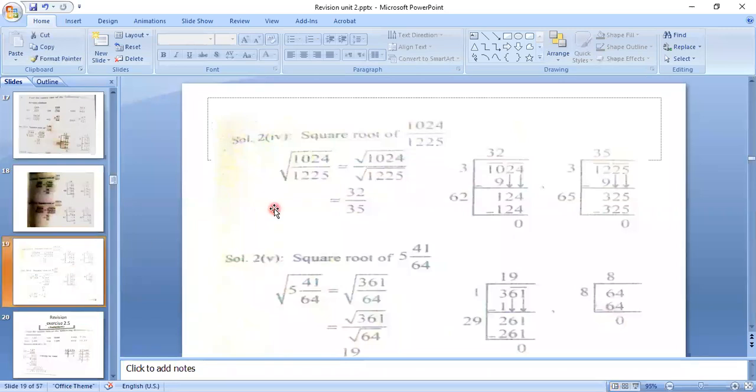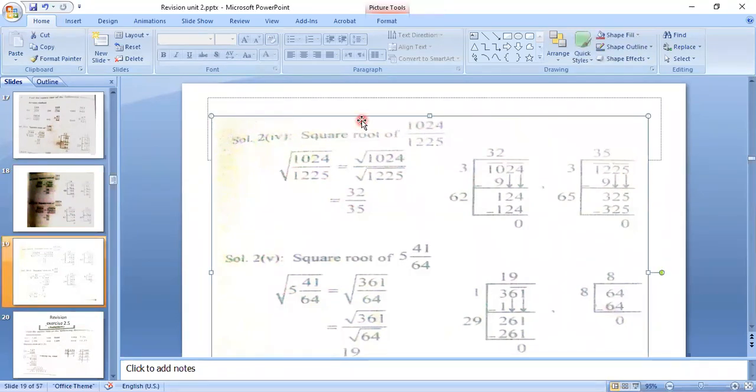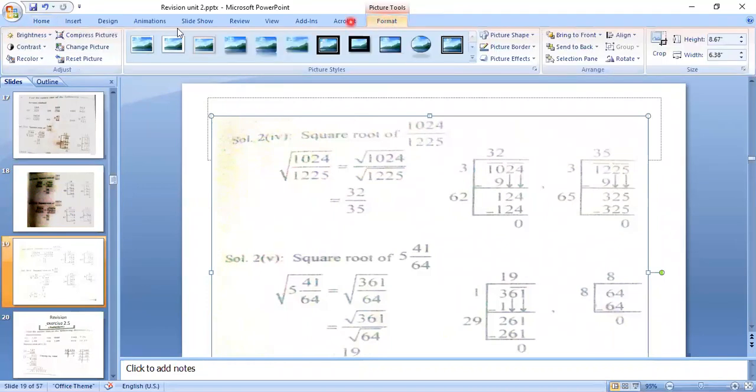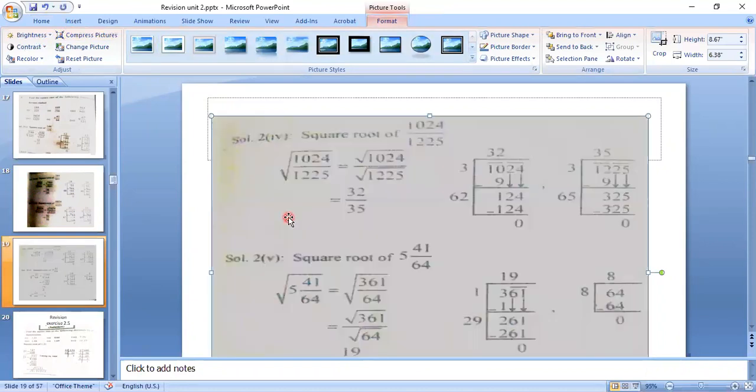Now here we have another, fourth part of it, 1024 over 1225.